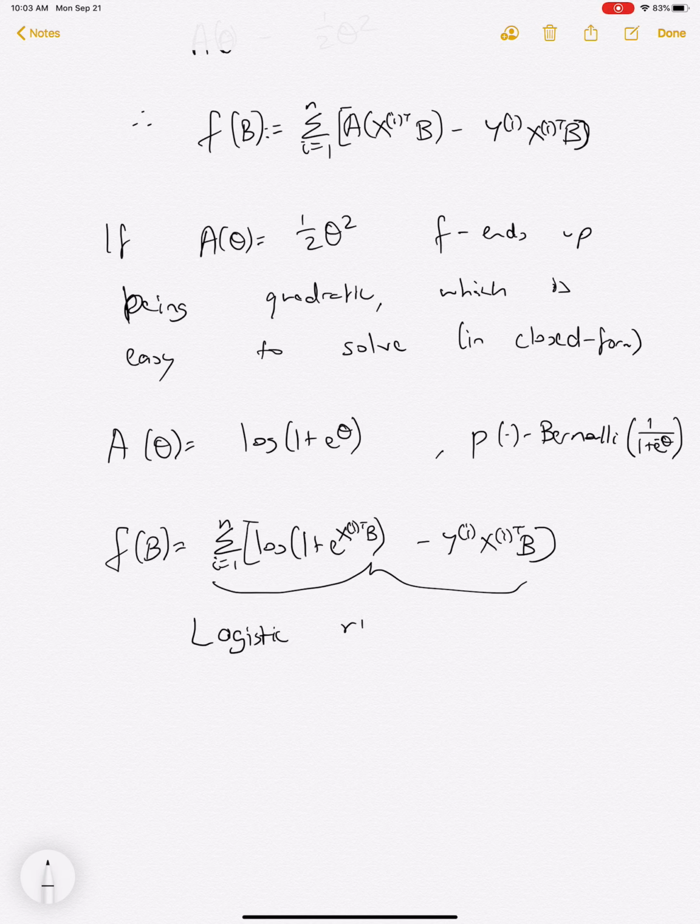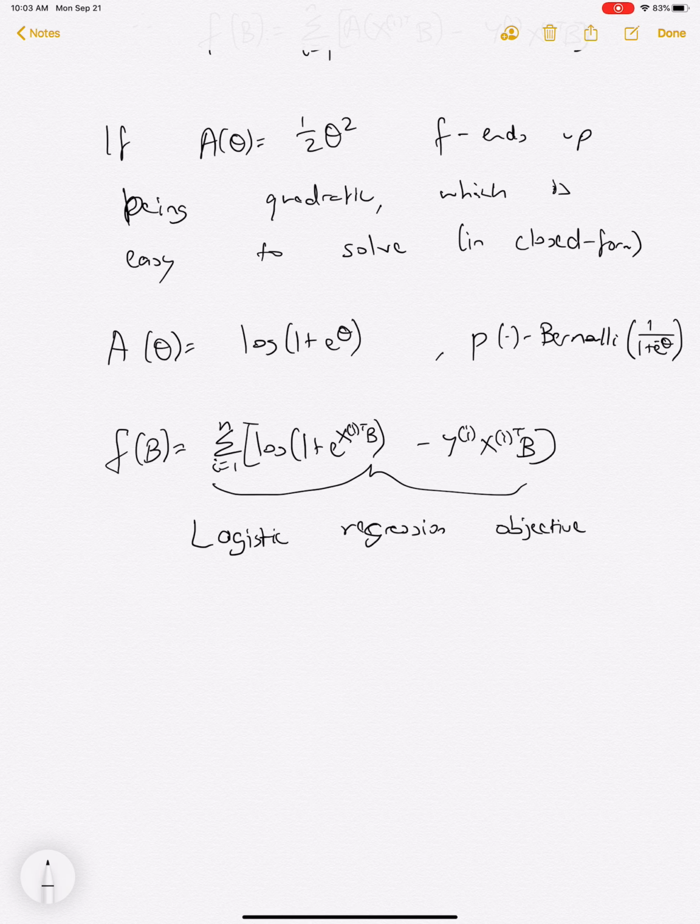This is just the logistic regression objective. Okay, and so the solution satisfies nonlinear equations. So with no closed form.